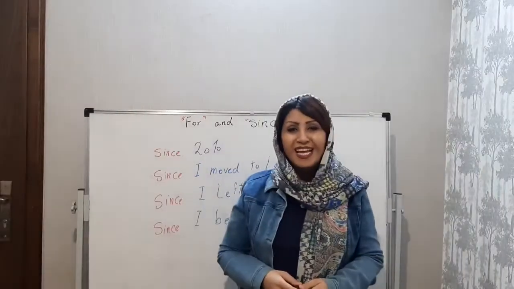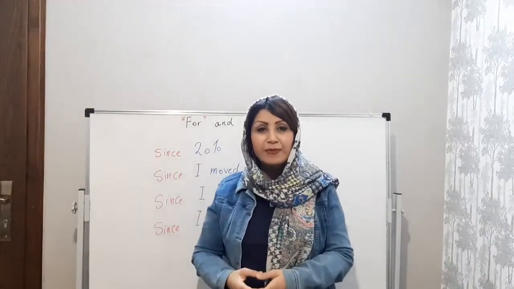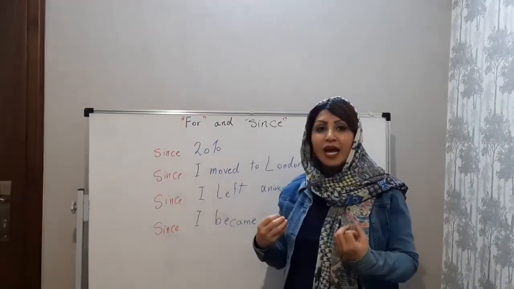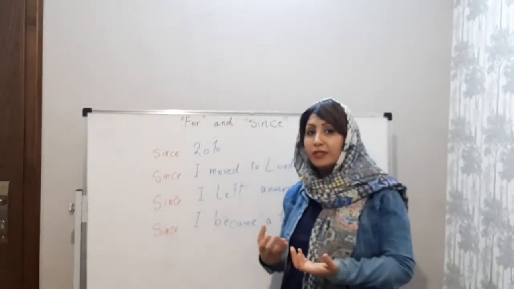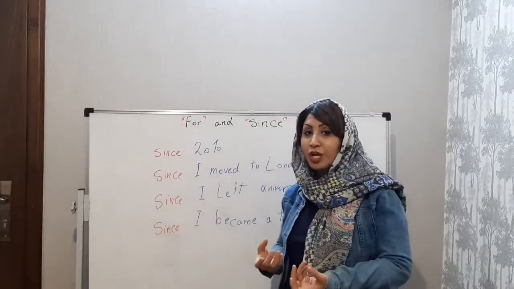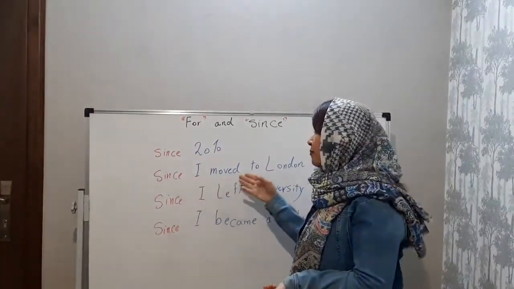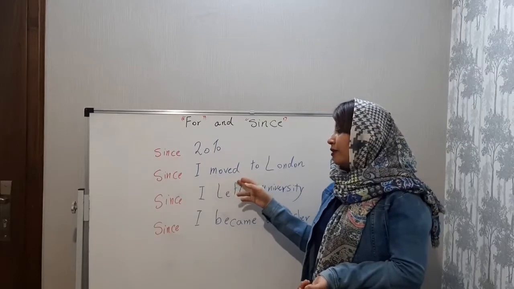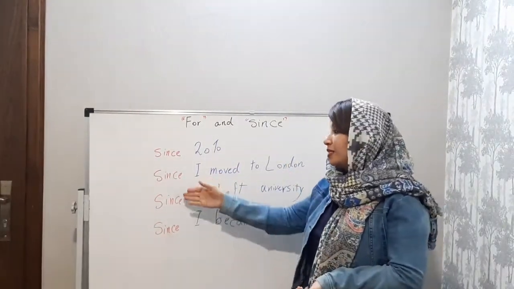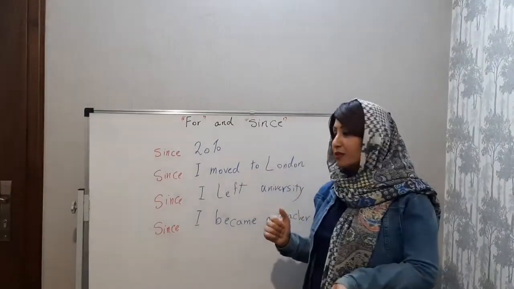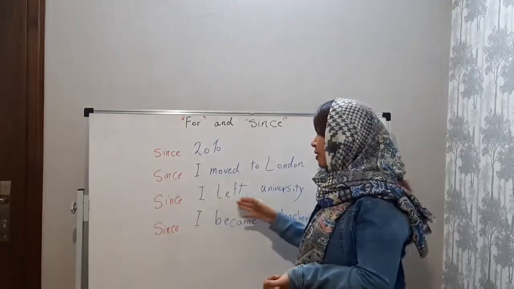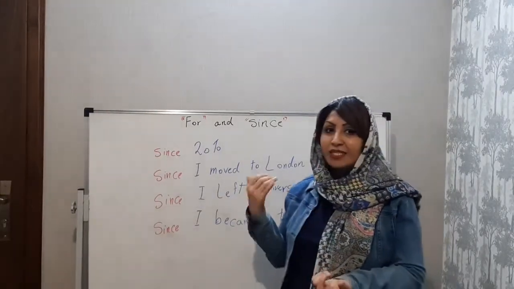Okay, dear friends, as you see here, I wrote some more examples on the board. Since 2010. Okay, I write a year, and it shows a point in time. Since I moved to London. Here we have moved, and it shows the past tense. Since I left the university, it is a starting point.